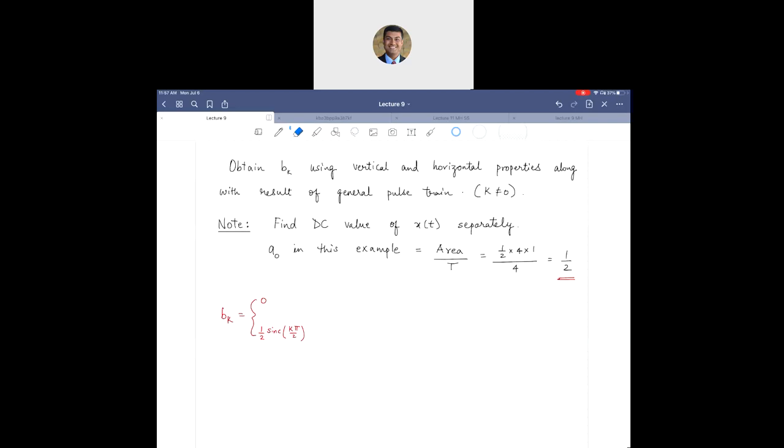I need to adjust a few things. This is going to be multiplied by e to the minus j k omega naught t naught, multiplied by e minus j k omega naught, what is pi over 2 t naught.